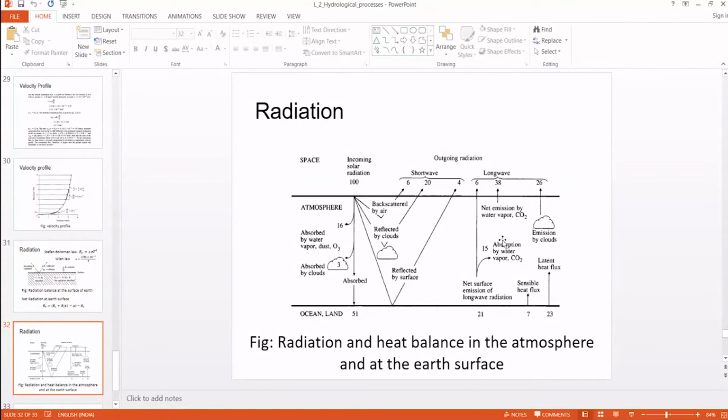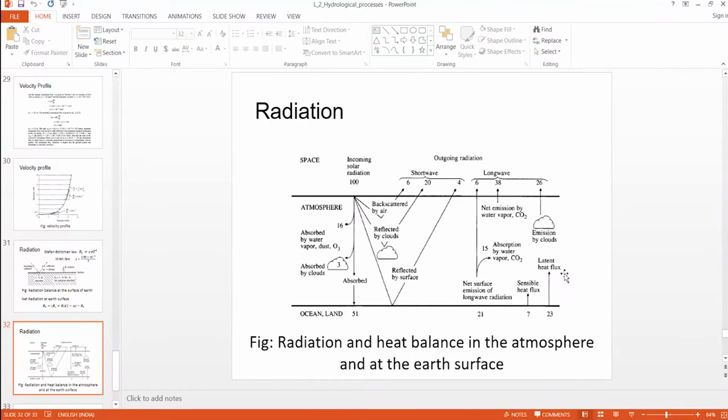Now the ocean and land, that is the earth, absorb 51 units. Out of the 51 units, 23 units are given to evaporation, because water is evaporated from lakes, rivers, surface moisture, trees, as well as from the sea.